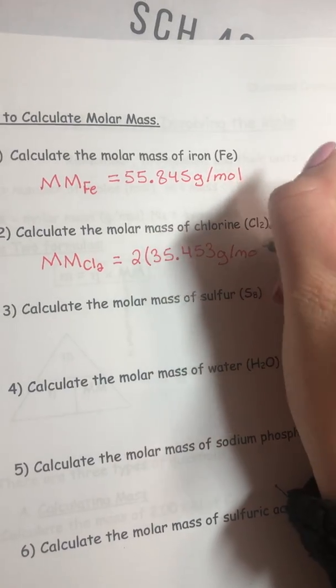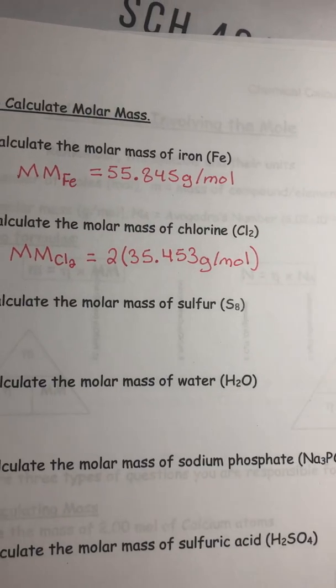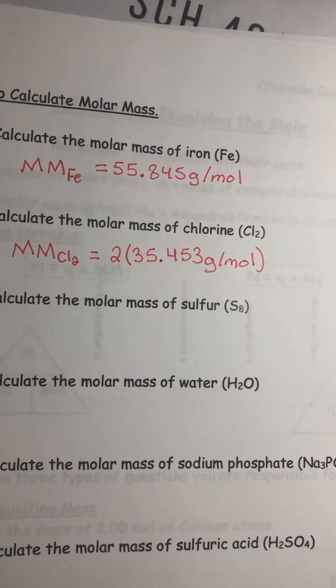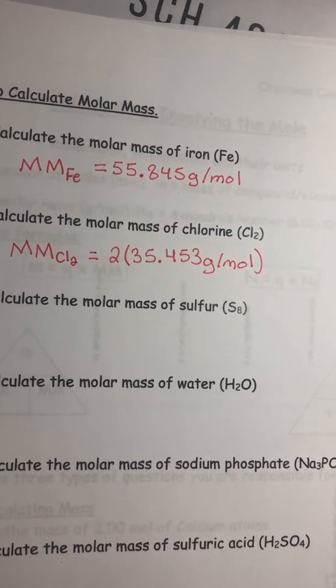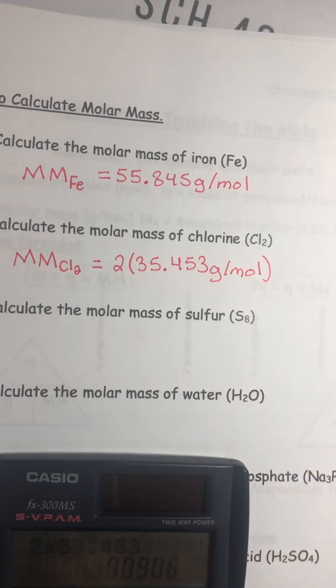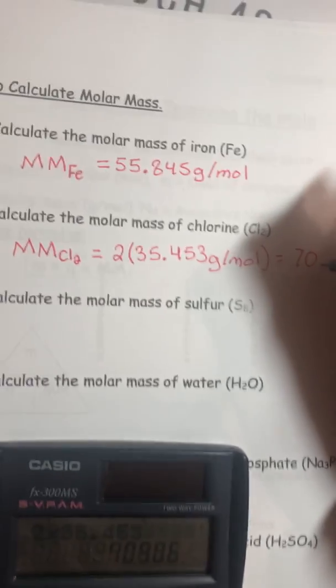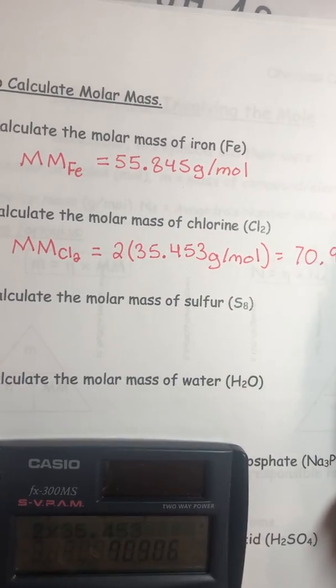You have to make sure you keep putting your units of grams per mole. Okay, so we're going to multiply that, and then I get 70.906 grams per mole.